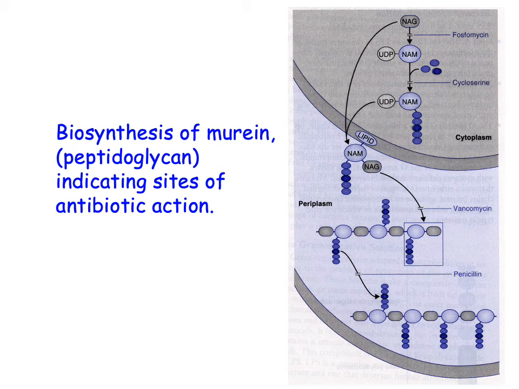So let's look at a little less detailed diagram here. What this is showing, starting up in the top, you start with N-acetylglucosamine. That gets converted to NAM, which is attached to UDP. Then the peptides are attached to the NAM.